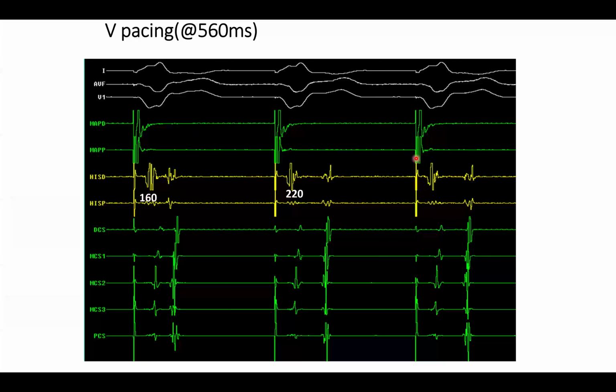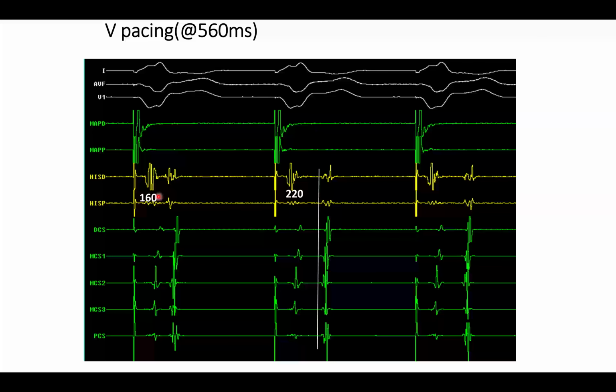So how do you realize that this patient has only nodal conduction and rule out a pathway? When you decrement pace, you can see V to A is 160 and there is a decrement. It became 220 now. There is a retrograde jump, the way we have an antegrade AH jump, you may have a retrograde V to A jump.